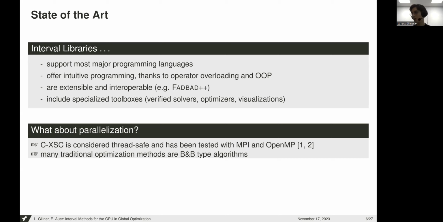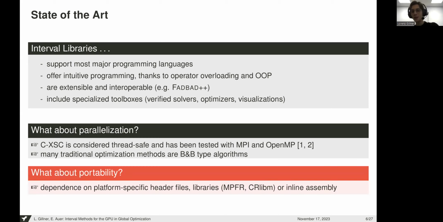Another topic which hasn't been an issue for the past 10 years or so, because most workstations nowadays use an x86 or AMD64 processor, is portability. Now we see a trend in the industry that ARM CPUs are coming back, or special hardware for special tasks.